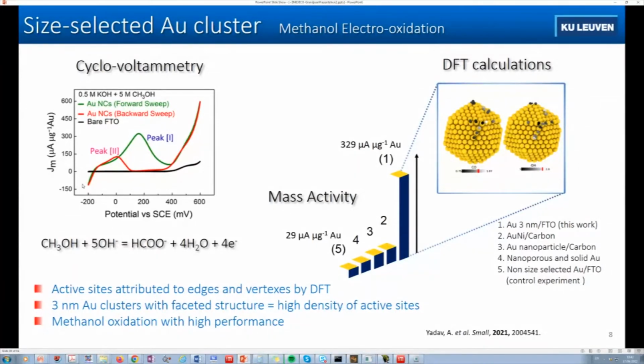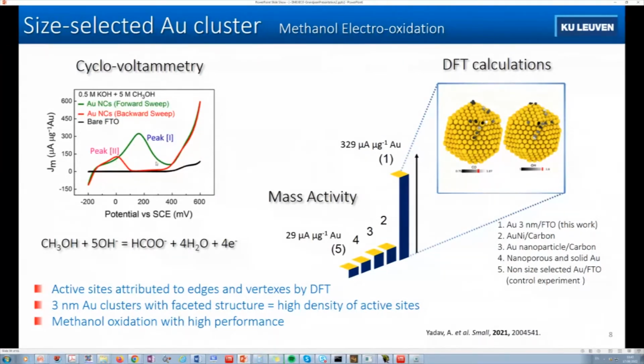You cycle as a function of potential, and these 2 peaks correspond to the, maybe I didn't mention this, the methanol electrooxidation here. So this is for fuel cells. These 2 peaks correspond to the electrooxidation, and you can measure the area, and it gives you the activity.